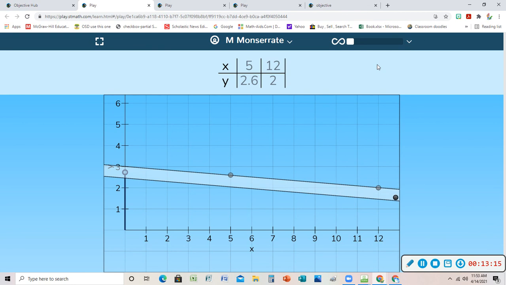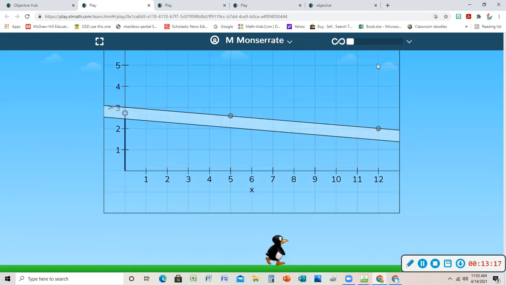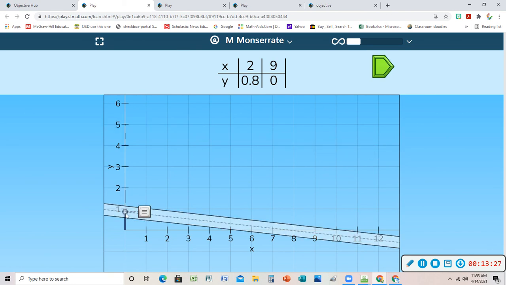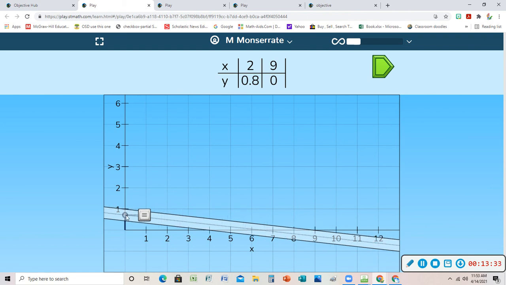Yay! Sorry, I guess I'll do one more since I botched the last one a little bit. Let's see. Okay, when my x is at 2, my y is going to be at 0.8. So 0.8 is less than 1. Maybe there. Let's see, when my x is at 9, my y is going to be at 0.